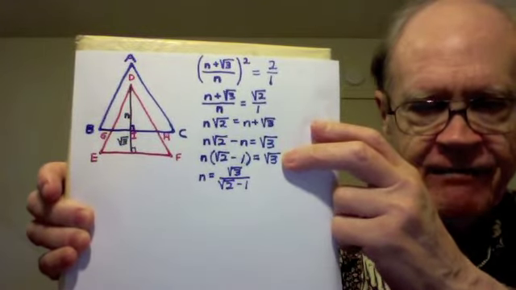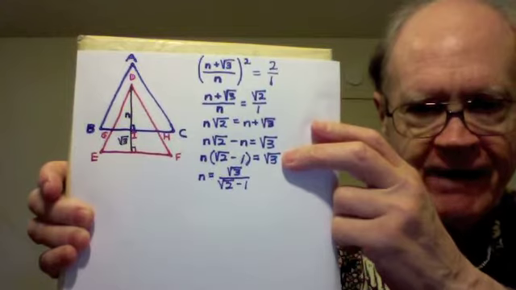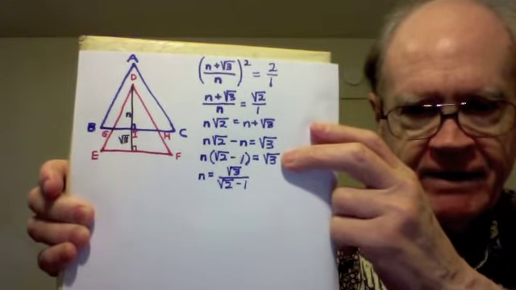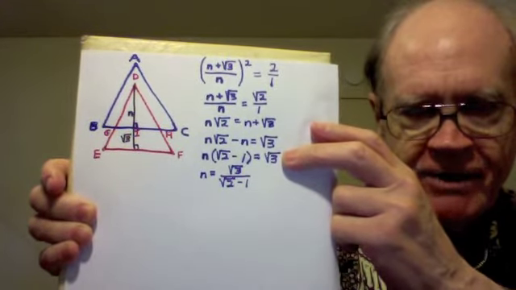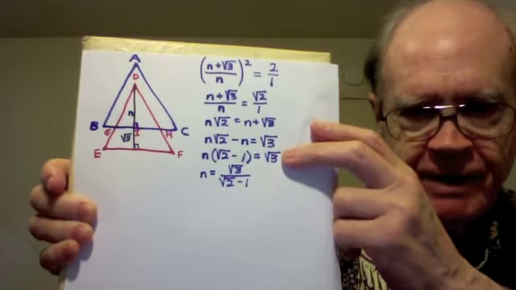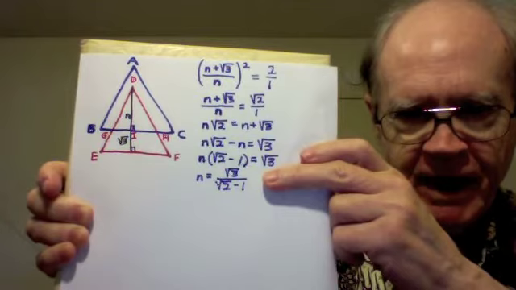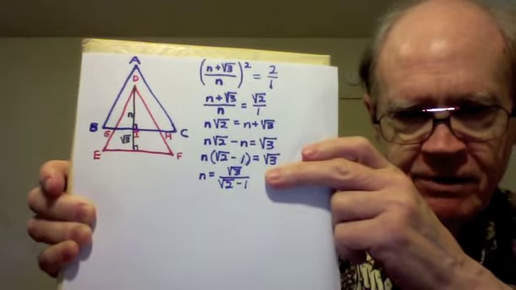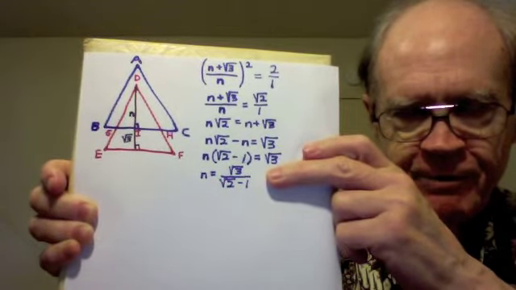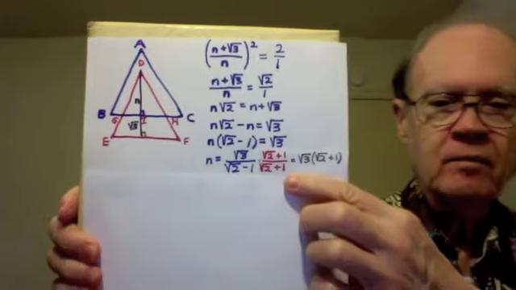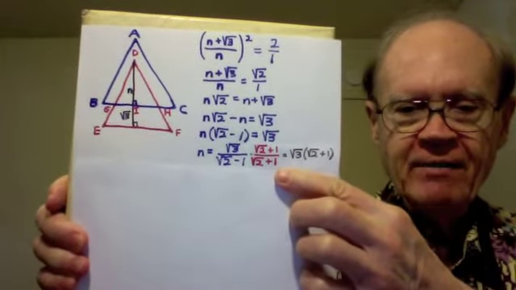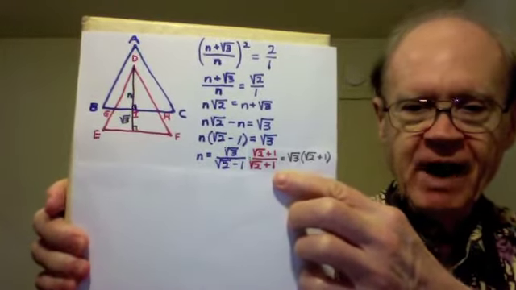On the left side, I factor out the common factor N, and I have N times root 2 minus 1 equals root 3. I divide both sides by root 2 minus 1, and I have N equals root 3 over root 2 minus 1. We can simplify this value of N by getting rid of the root sign of the denominator.